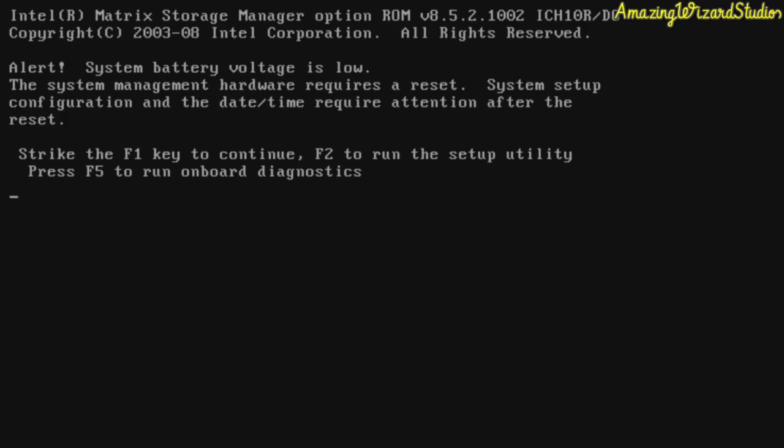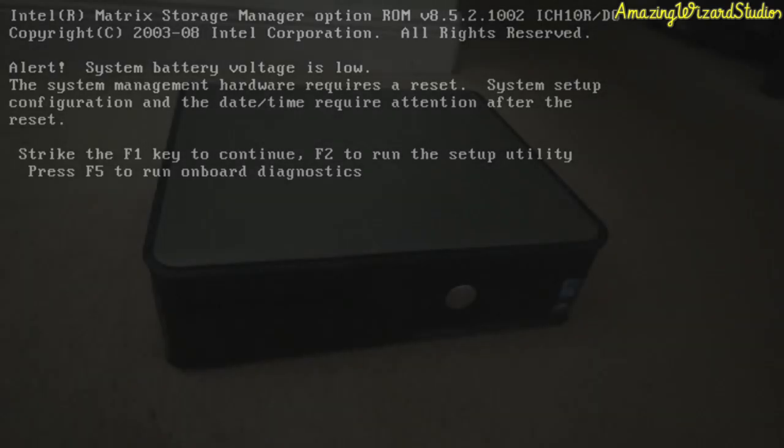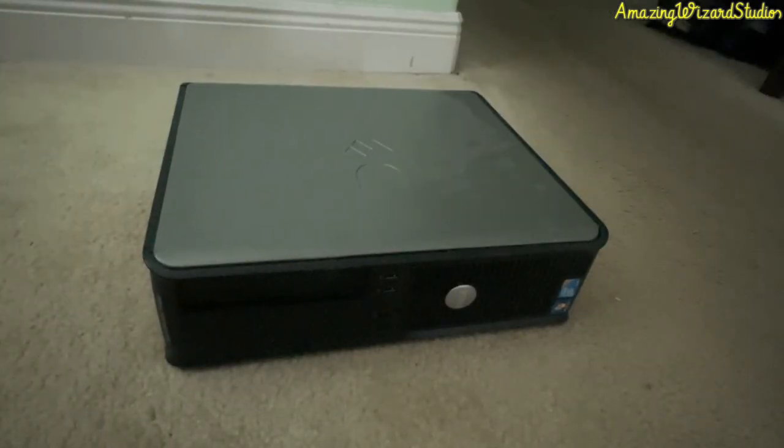So this tutorial is exactly what you need to fix a problem like this so that your computer will be up and running again. That was the low system battery voltage error right there, and this indicates your CMOS battery is low and needs to be replaced.